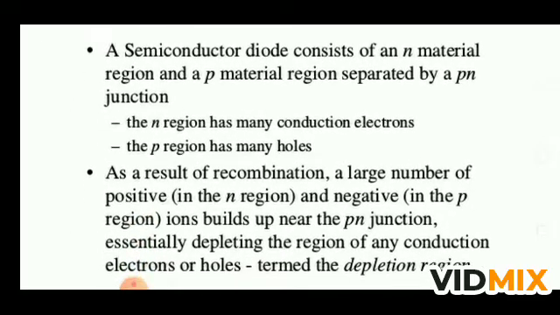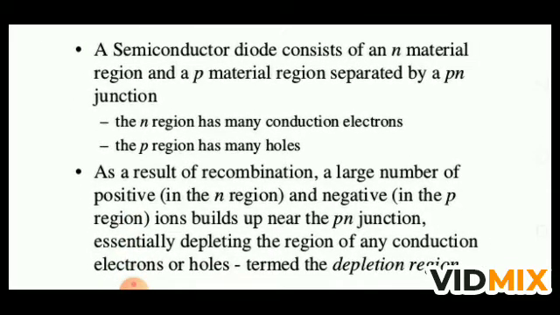As a result of recombination, a large number of positive ions in the N region and negative ions in the P region build up near the PN junction, and as I told you earlier, they deplete, means there is a depletion of electrons and holes in the N region and P region.